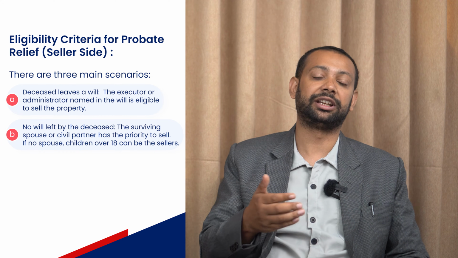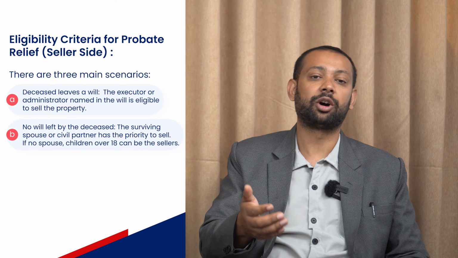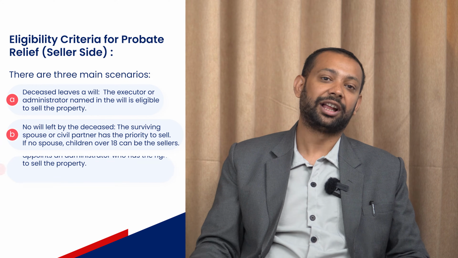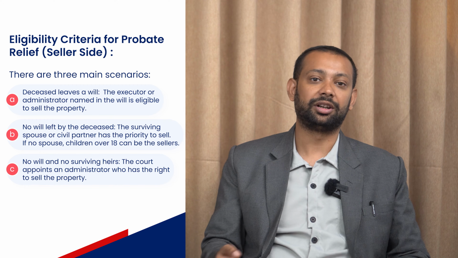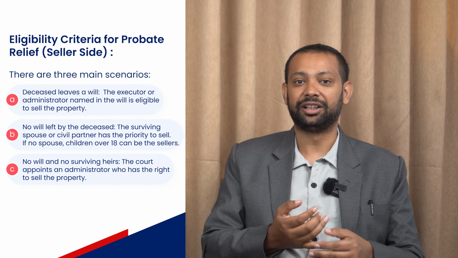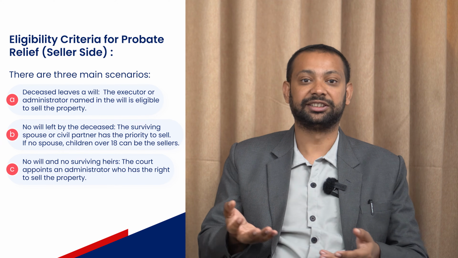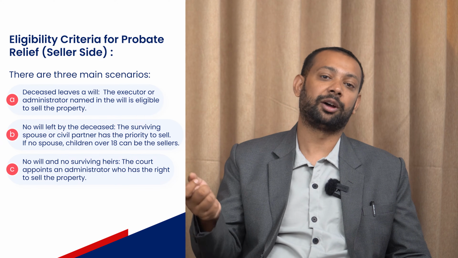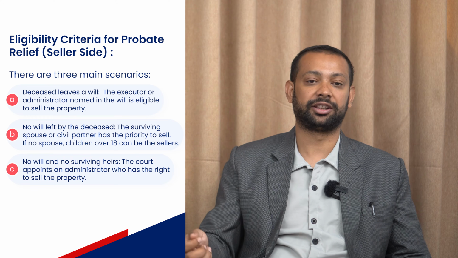They have the right under the law to be the administrator and accordingly be the seller of the property. And in the third situation, where there is neither a will nor surviving heirs, the court appoints the administrator, and the appointed administrator has the right to sell the property.